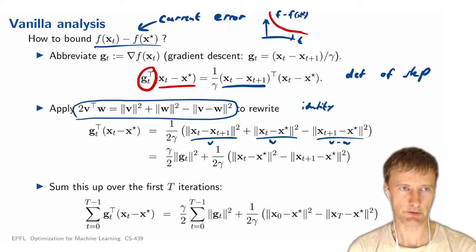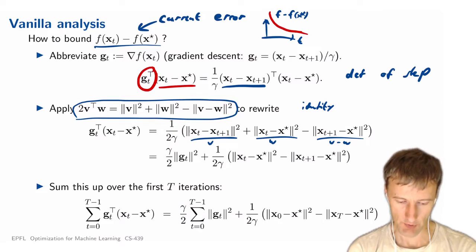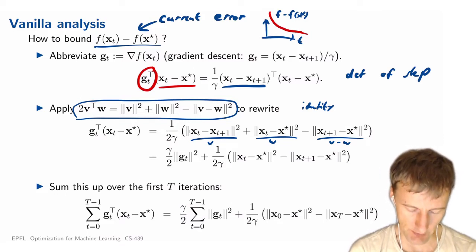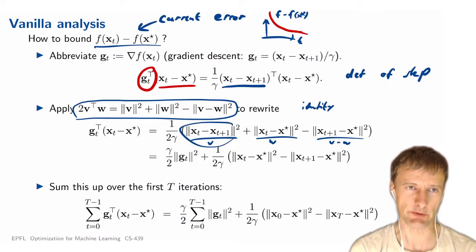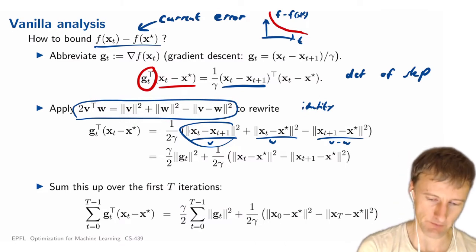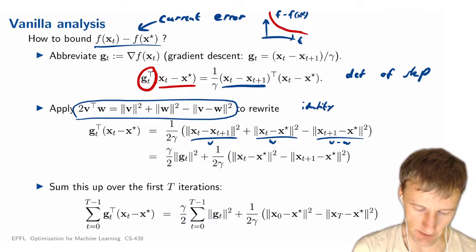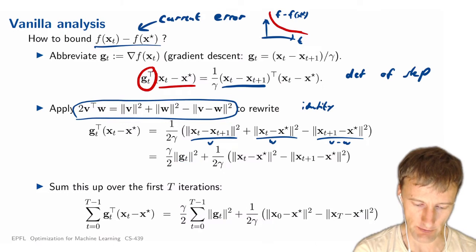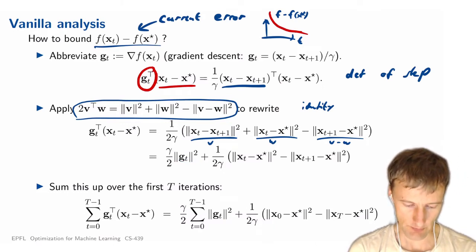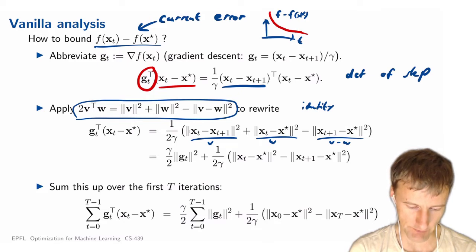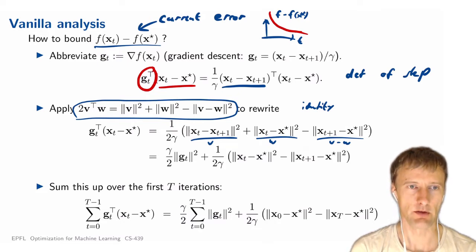Otherwise, all the same. And now, again, I will just use the definition of my gradient to see that here I actually have the difference of my new iterate xt plus 1 minus the old iterate xt. And that is, again, the gradient times my step size. So gamma times gradient is this, and that actually is a squared norm.